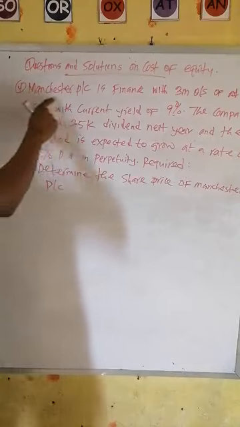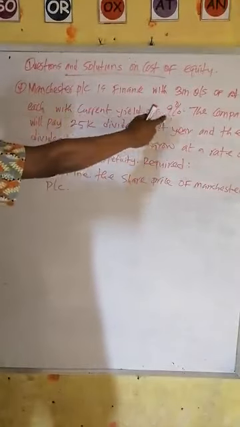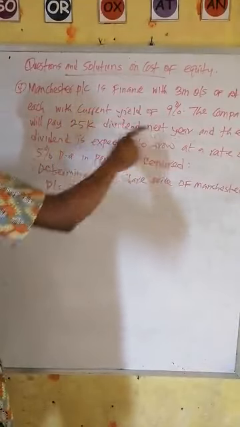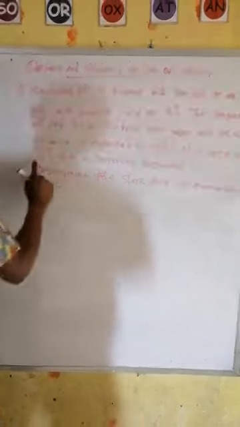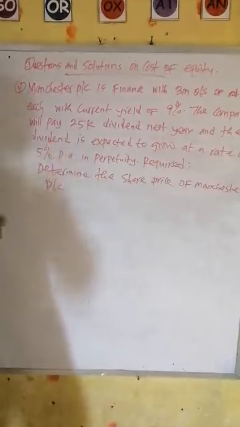Okay, let's look at it. Manchester PLC is financed with 3 million ordinary shares of 1 naira each, with current yield of 9%. The company will pay 25 kobo dividend next year, and the dividend is expected to grow. As you can see, it's expected to grow at a rate of 5% per annum in perpetuity. It means there is growth in this question.